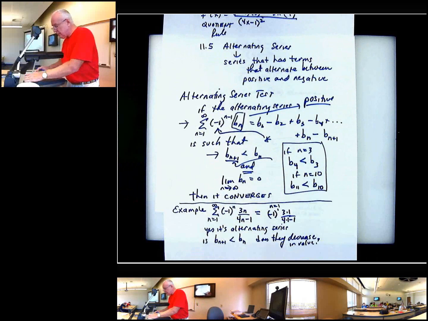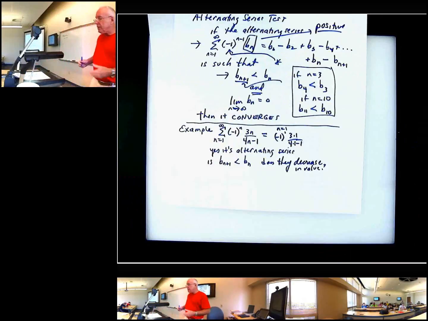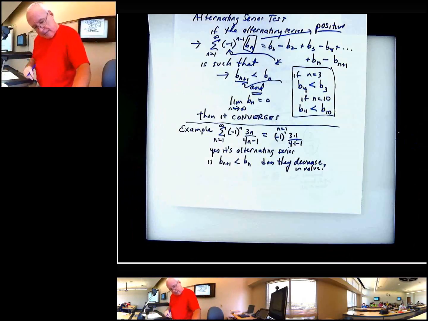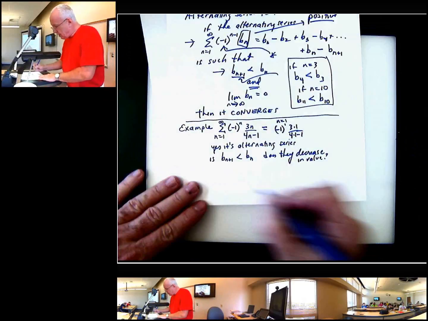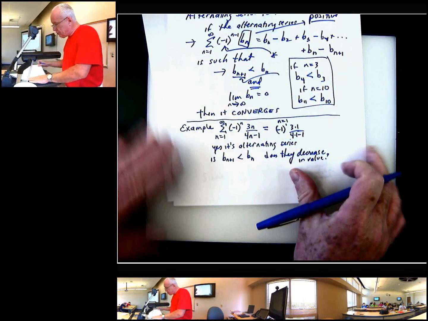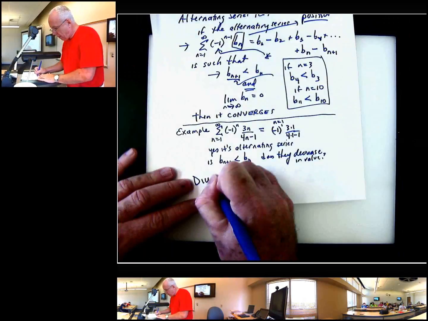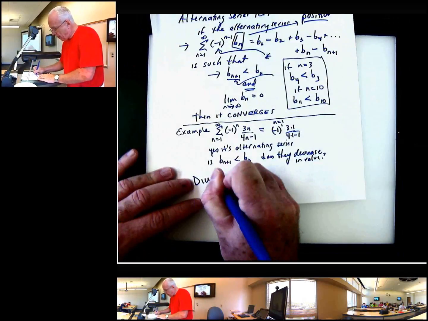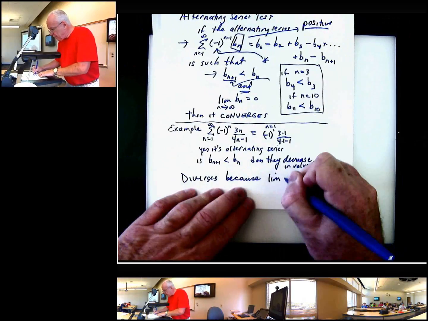All right, so this example that I have here diverges. That's the thing that I wanted to say. And it diverges because the limit of the a sub n does not exist.